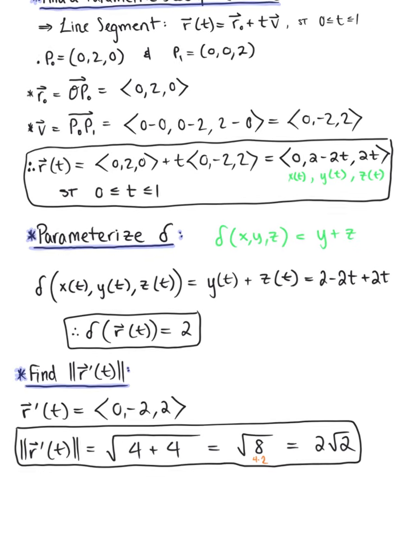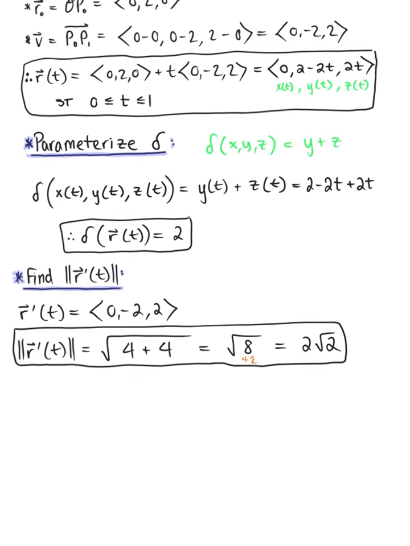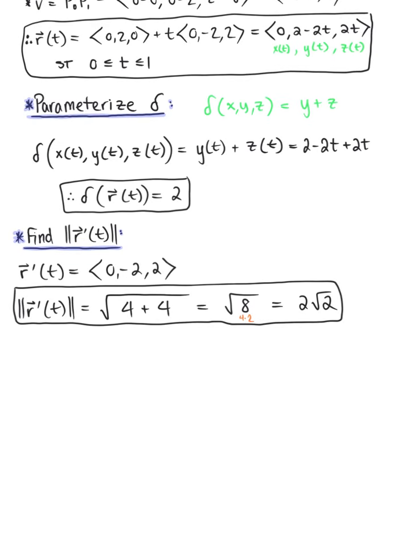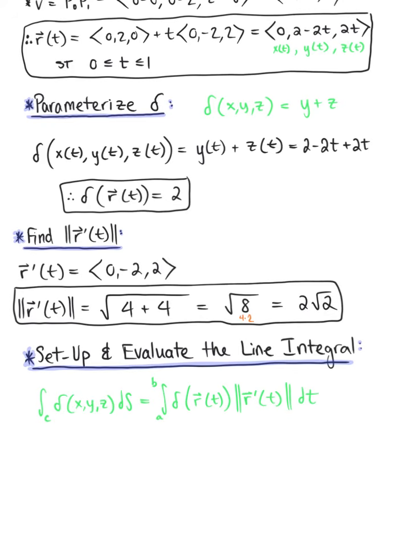Beautiful! We officially have everything that we need to set up and evaluate this line integral. Plugging in all the components we just found, we have the integral from 0 to 1 of the parameterized delta function, which we found to be 2, multiplied by the magnitude of the tangent vector, which we found to be 2 times the square root of 2, dt.